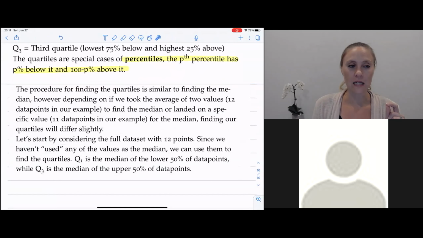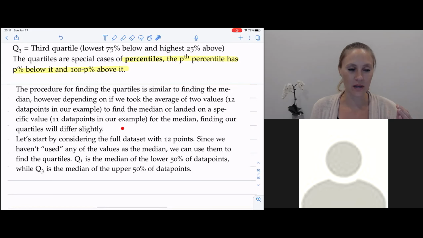One little thing is that depending on if we took the average of two values, so the 12 data points in our example, or if we landed on a specific data point like we did with the 11 data points in our example, finding the quartiles will depend. Either way, you're going to start at the median.